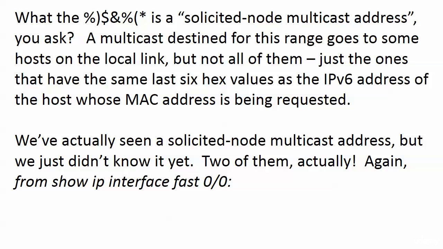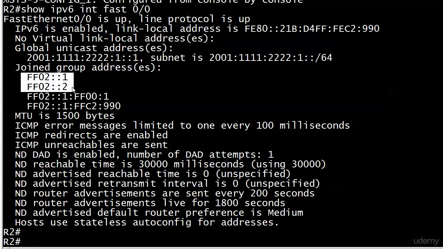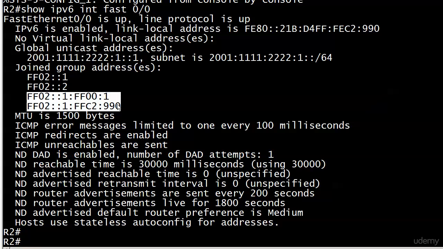And if we go back to show IP interface, I bet you can guess which 2 addresses here are actually SNMAs. And that's these 2 addresses, these 2 joined group addresses that we have yet to discuss. And we didn't join any of these groups, of course, manually, but we know now that FF02::1, that's all IPv6 hosts, FF02::2, all IPv6 routers, and then these 2 longer addresses down here are the SNMAs.